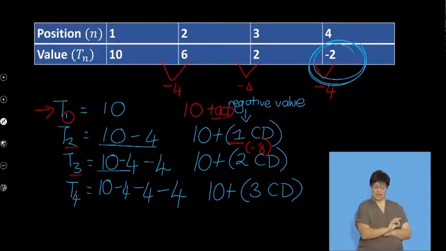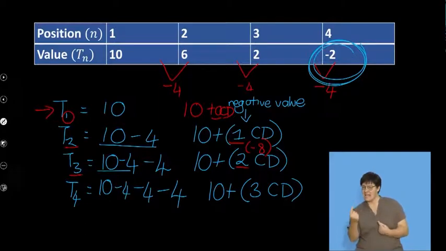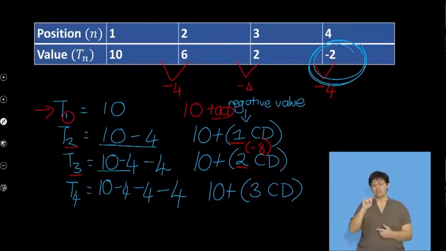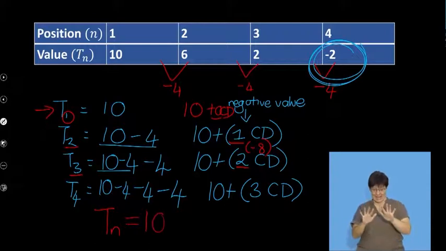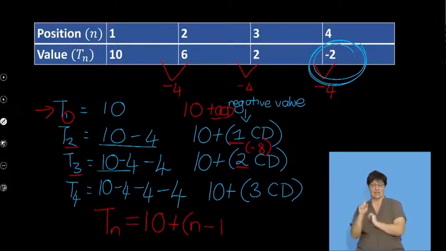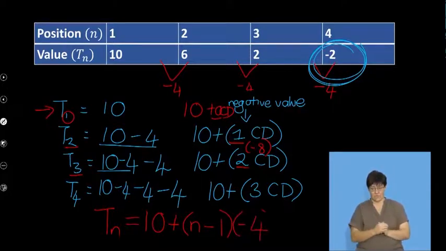Term 3, I had 2 common differences. So each single time, the term value, let's write it as Tn, because we know that that's representative of the term value, was equal to 10 plus n minus 1 times negative 4.